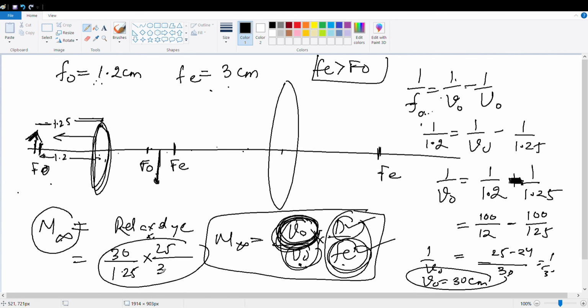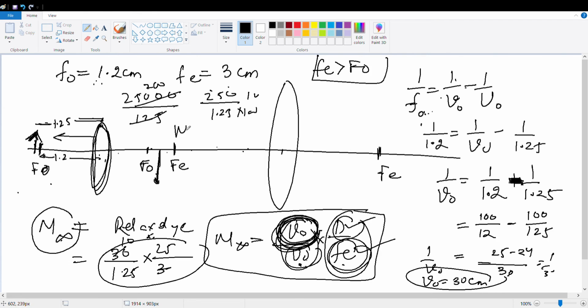The value will come out to 250 by 1.25. If you multiply by 100 here and here, there will be 25,000 by 125. If you divide this, this will become almost 200. Clear?